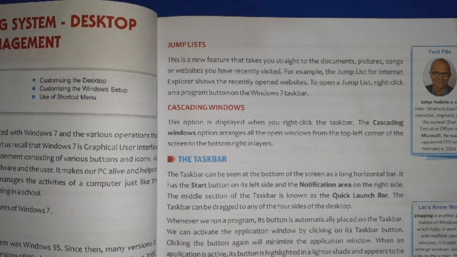What was the function of cascading windows? When we right click on the taskbar, the cascading windows option arranges all the open windows from the top left corner of the screen to the bottom right, in layers, okay? So in layers we can see the options available, okay students?